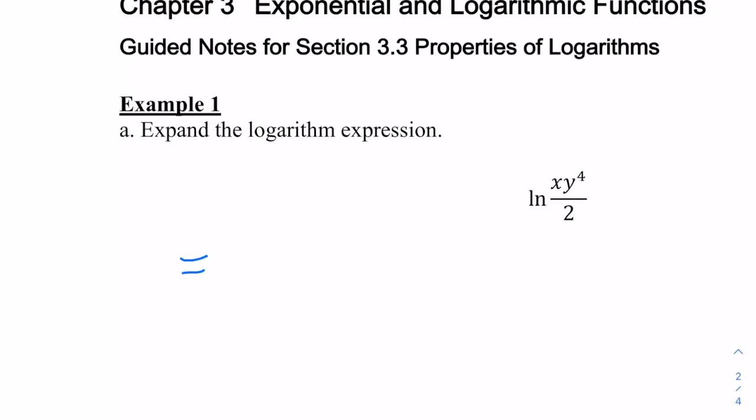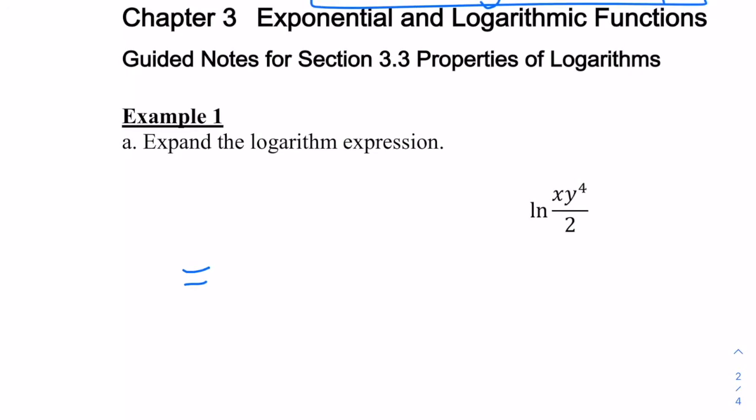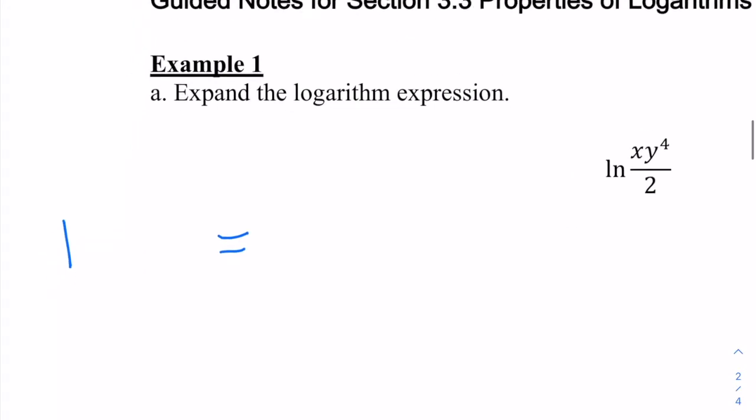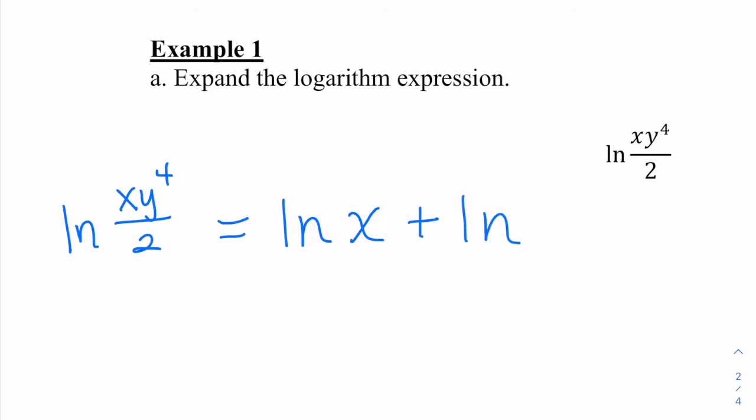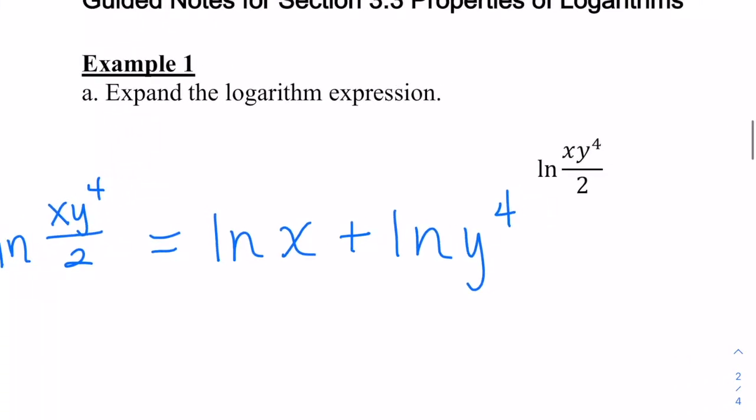So the natural log of x times y to the fourth over 2 will expand to natural log of x plus natural log of y to the fourth, and then 2 is in the denominator, so that will be a difference, minus natural log of 2.